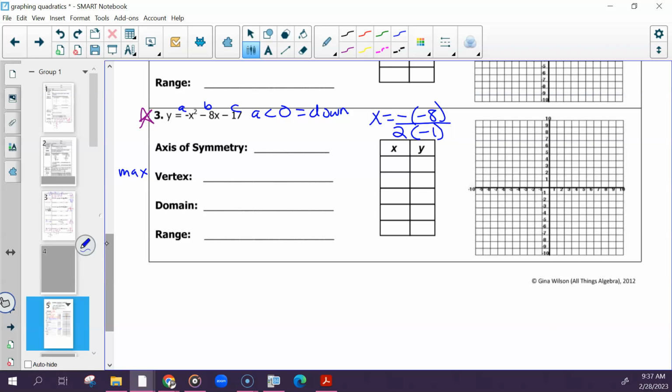Negative would become positive, but the denominator is still negative, so it would be negative 4. The order in which you do some of this doesn't matter. If you wanted to draw in your axis of symmetry now, you can do that, and again, you don't have to. But now you know it's going to be somewhere around there. Your vertex is going to lie somewhere on there.